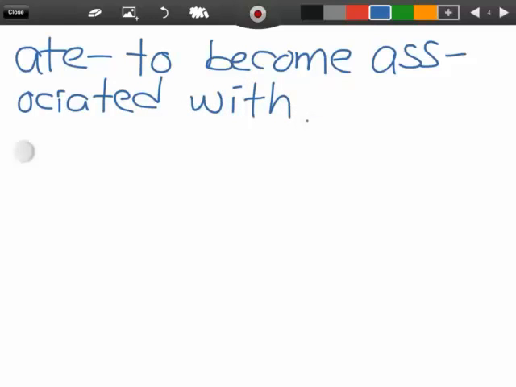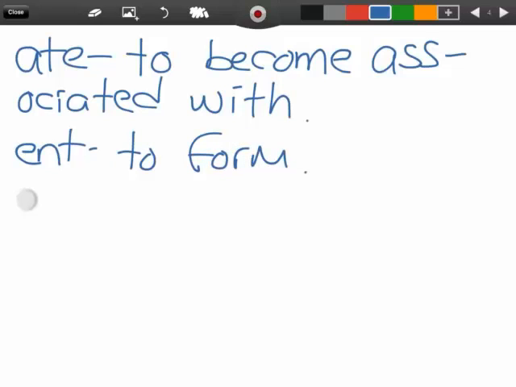Moving on to my next suffix is ant, and ant means to form. Moving on to my next suffix is ile, and ile means function of.